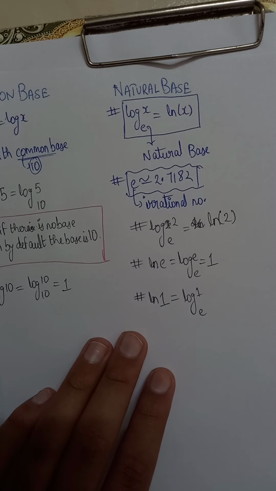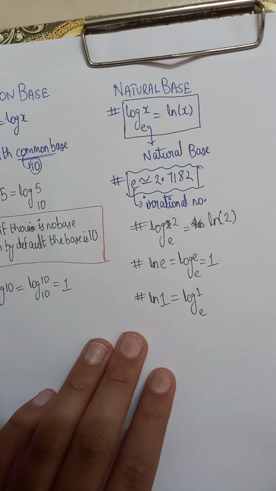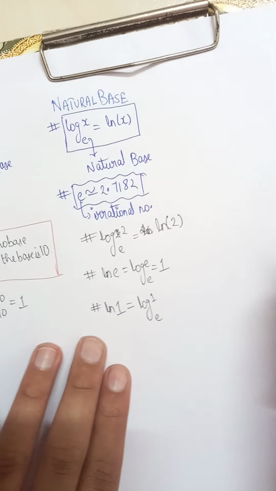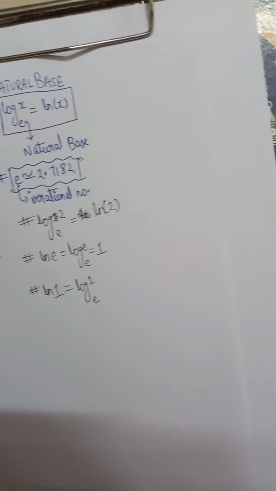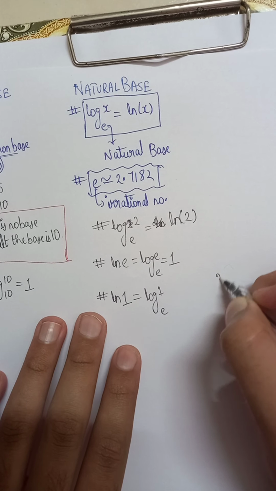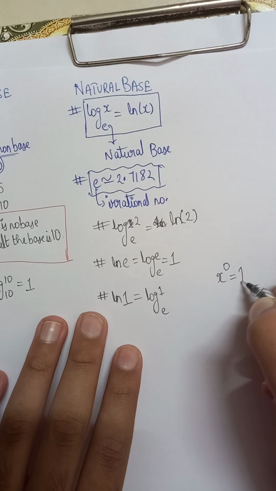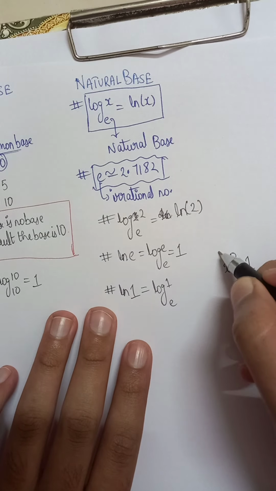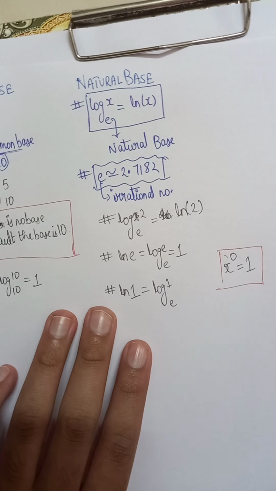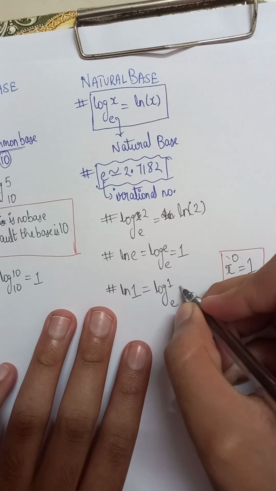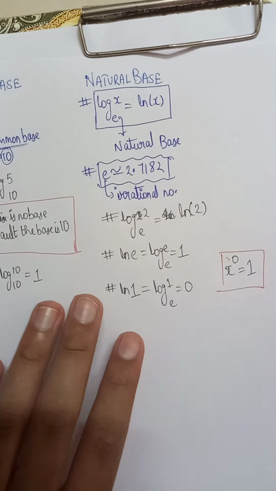I hope you found the answer. From exponents, you know that anything to the power 0 is actually 1. So the answer to this question is 0. So ln of 1 is nothing but 0.